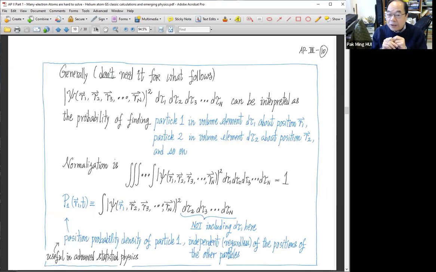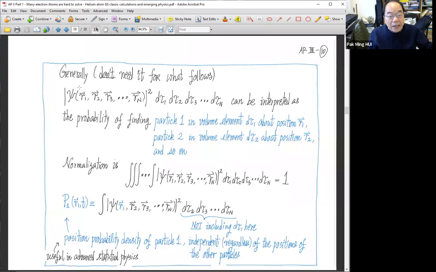So this box is optional. We don't need that for the remaining study in our course. But some of you may be going into advanced statistical mechanics, hydrodynamics, things like that, and that is somewhat related.